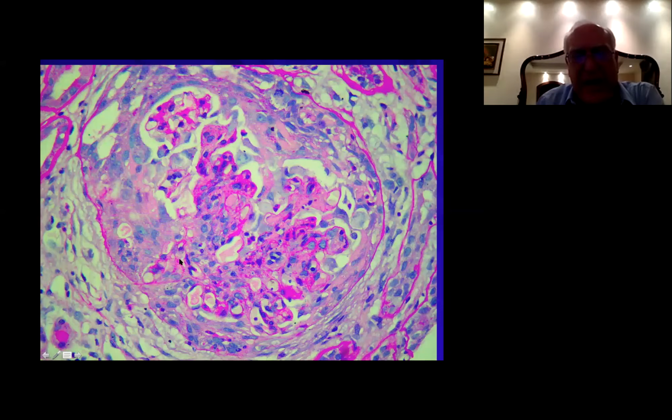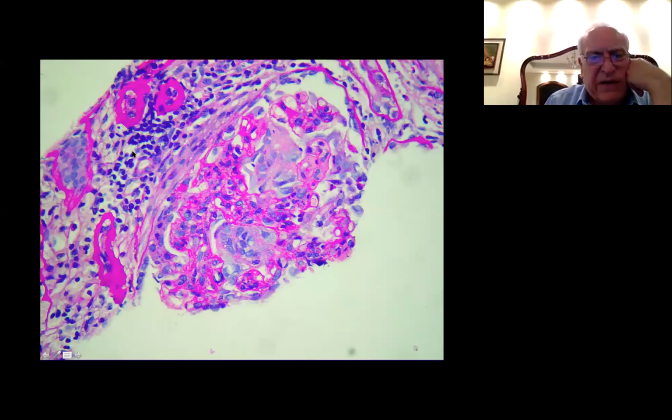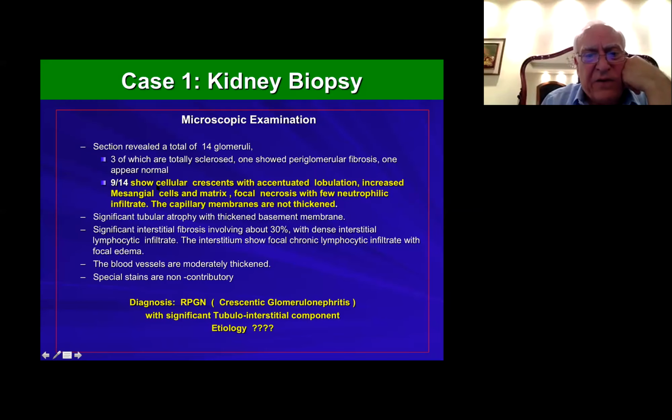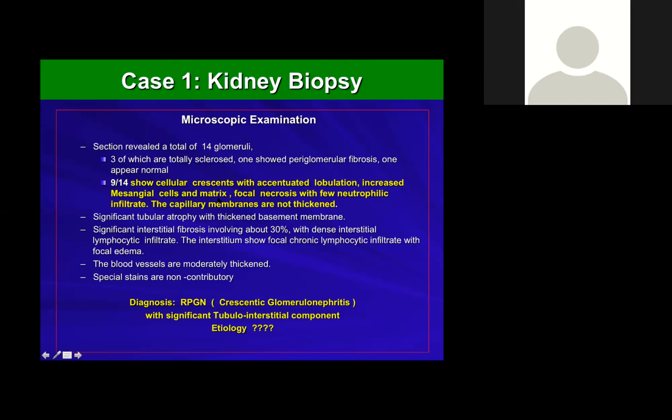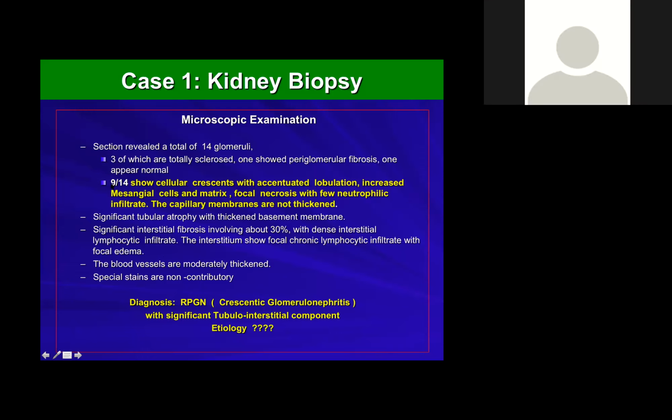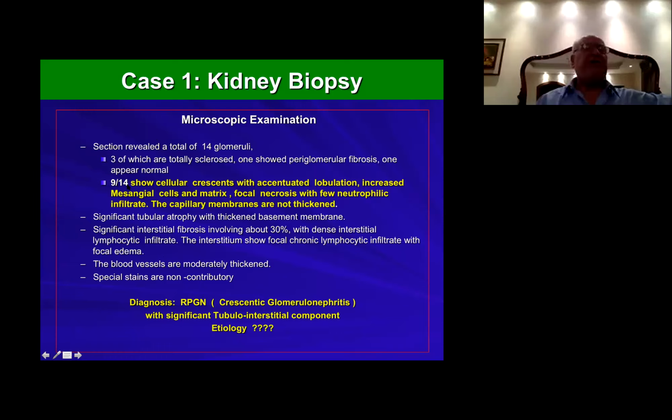So what we have in this biopsy, as a summary: 3 total sclerosed glomeruli out of the 14, 9 of the 14 with cellular crescents, accentuated lobulation, increased mesangial cell and matrix, focal necrosis with few neutrophilic material, capillary membranes not thickened, significant tubular atrophy, significant interstitial fibrosis, as I alluded to, and blood vessels markedly thickened. If you have 9 out of 14, that's more than 50% of your glomeruli affected with crescents. So this is crescentic GN.